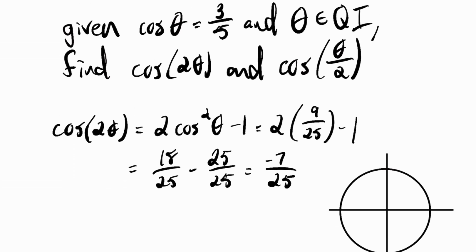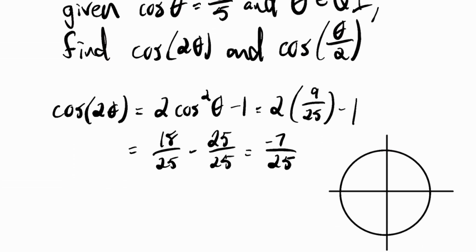So if cosine is 3/5, that's about 60%, it's like right here. So if you double that angle, since we have a negative value, that means that the double angle is roughly here, in quadrant 2.